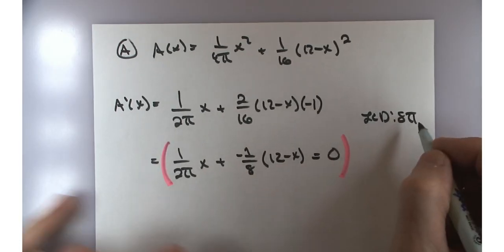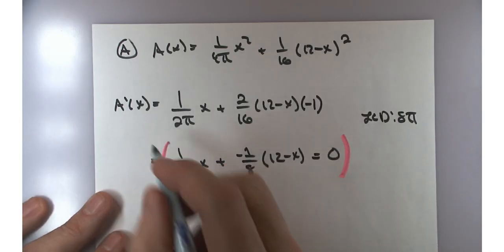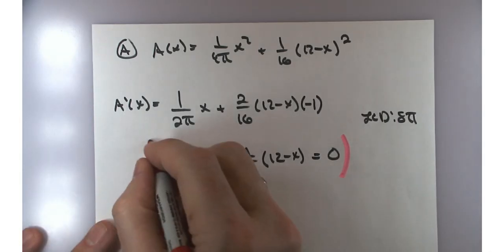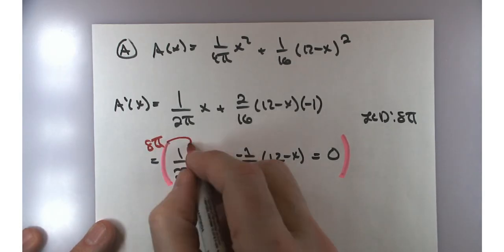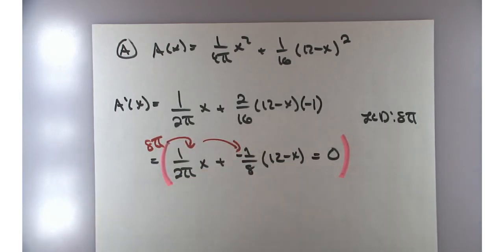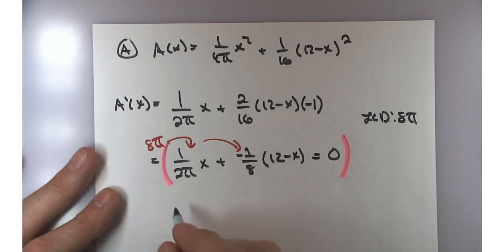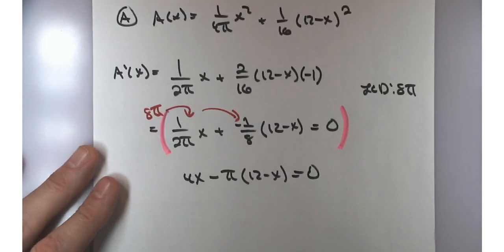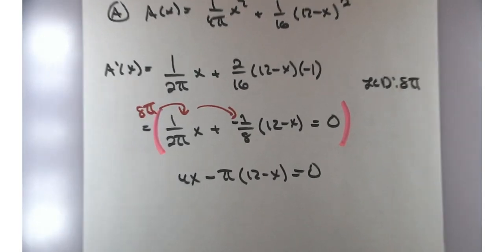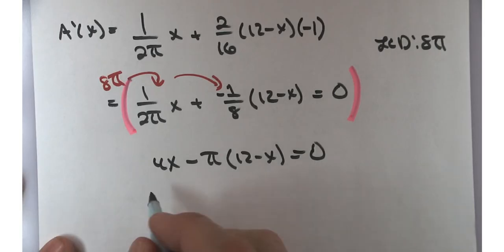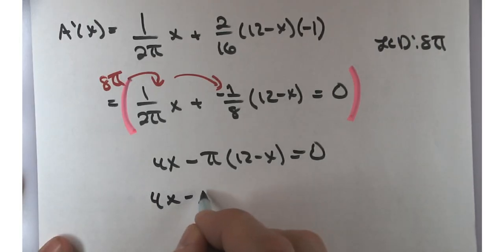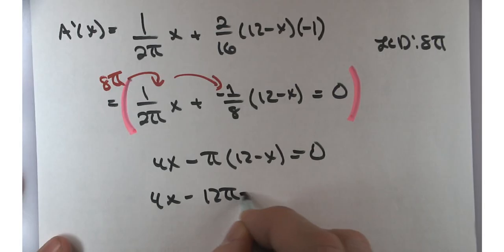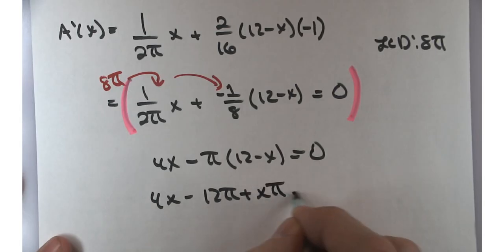8 pi. So multiply both sides by 8 pi. That'll distribute itself here and here. So that'll give me 4x minus pi times (12 minus x) equals 0. So at least I got rid of my fractions now. 4x minus 12 pi plus x pi equals 0.